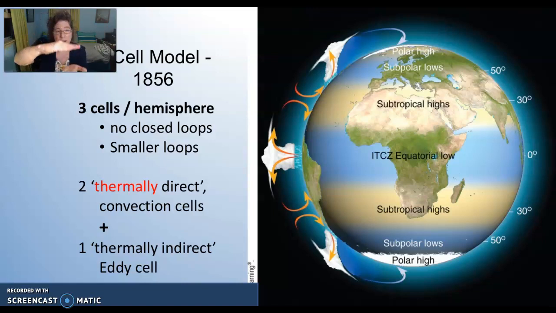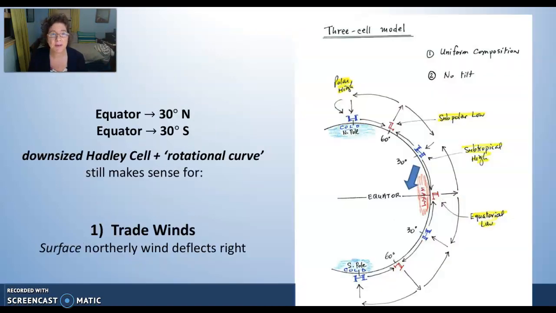It actually smushed it down a bit and put 2 cells north of it. In total of these 3 cells per hemisphere, 2 of them are thermally driven and 1 of them is thermally passive or thermally indirect. So let's talk about each of those cells and what this model did for the northern and southern hemispheres.